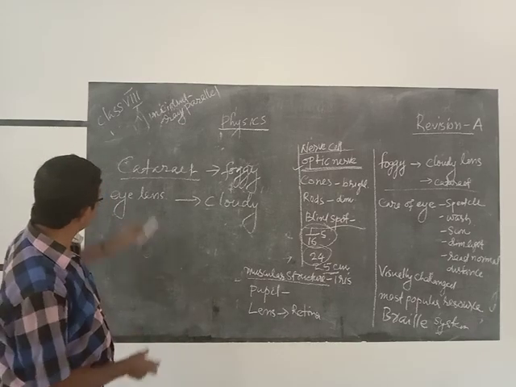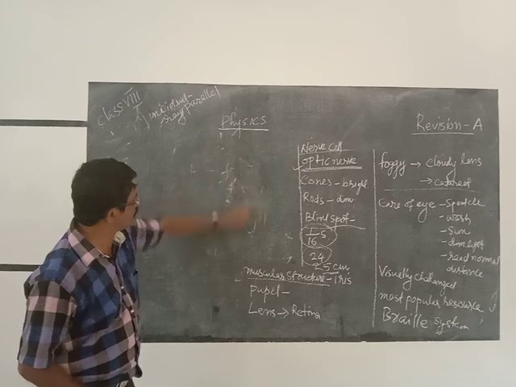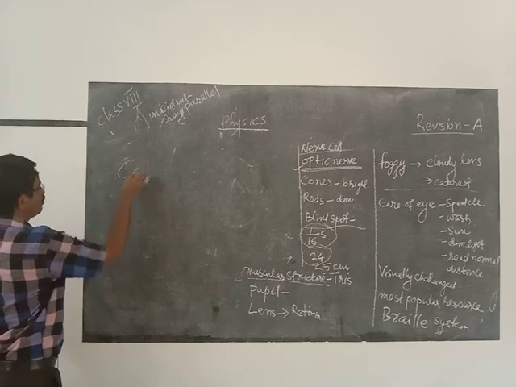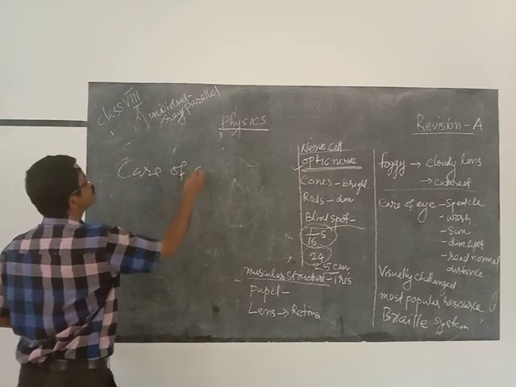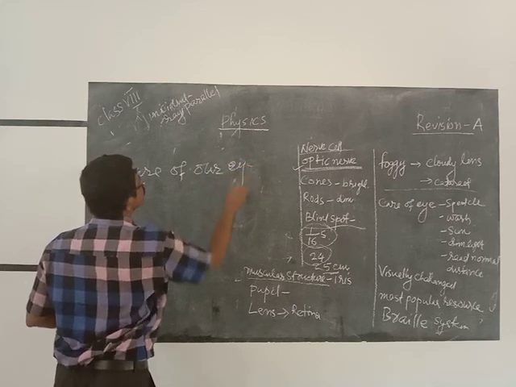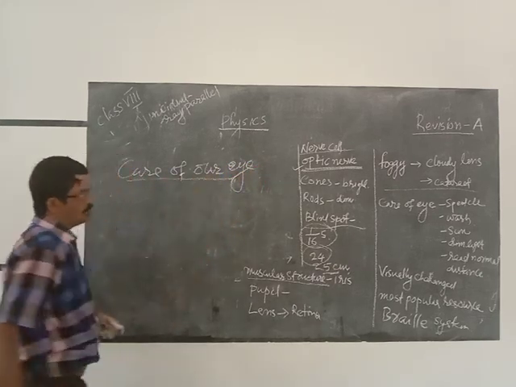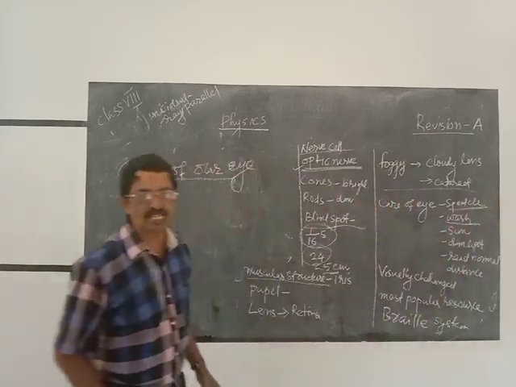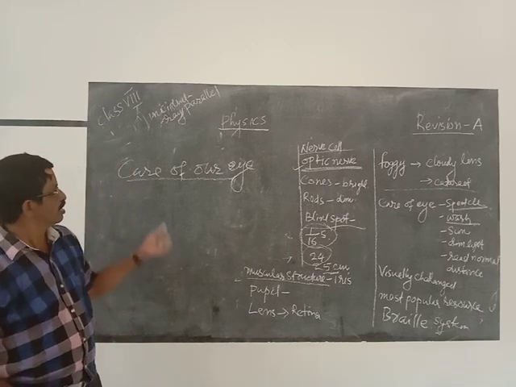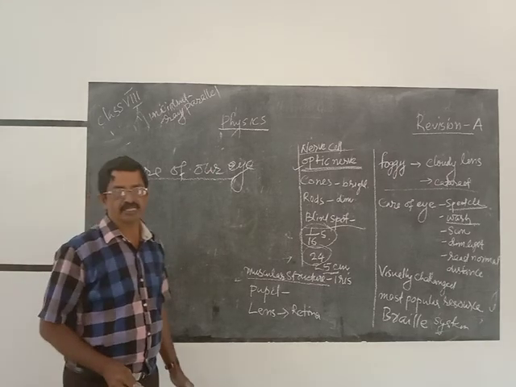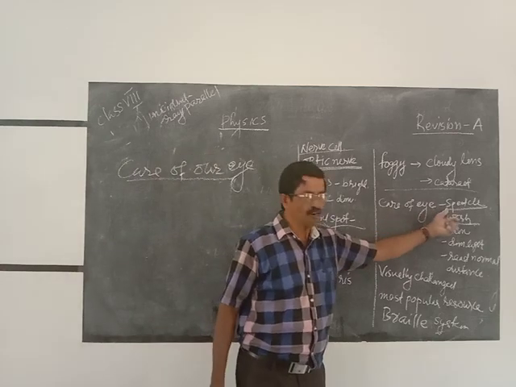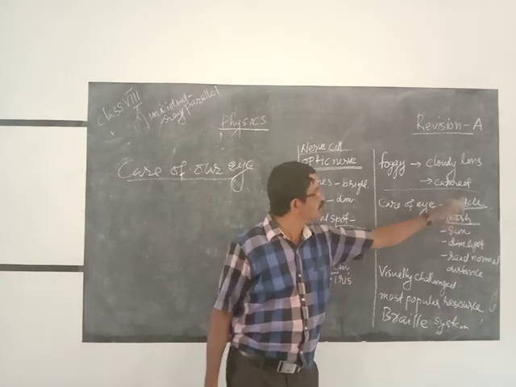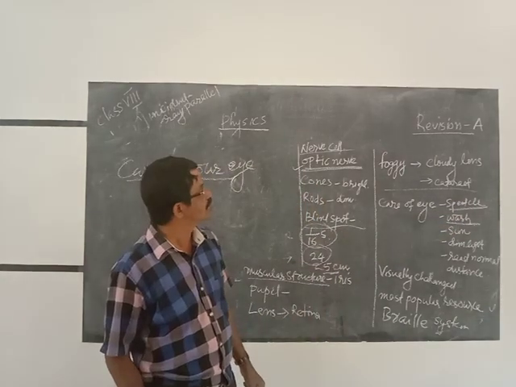Now, what are the steps we want to take for care of our eye? If there is any defect in our eye, then contact an eye doctor and wear the spectacles prescribed by him.